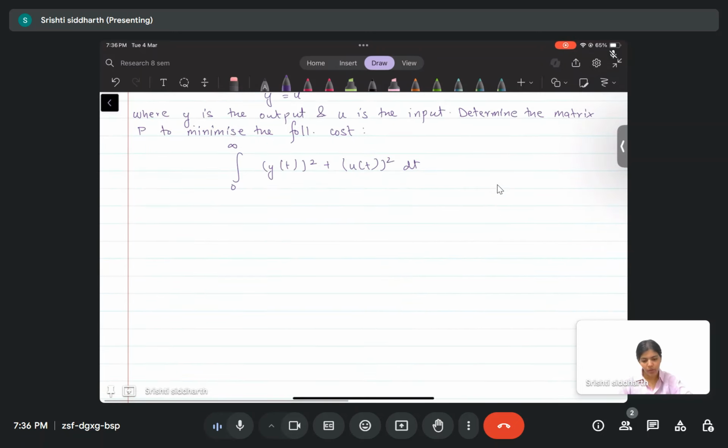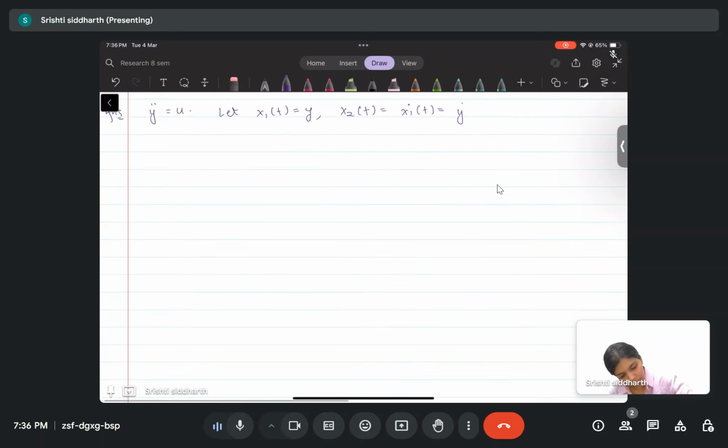Okay, so first let's transform this into a standard LTI system or state space system. y double dot equals u. Let's say that this is a second order differential equation. So we have two states. Let the first state be y, and the second state is therefore going to be x1 dot, which is y dot.